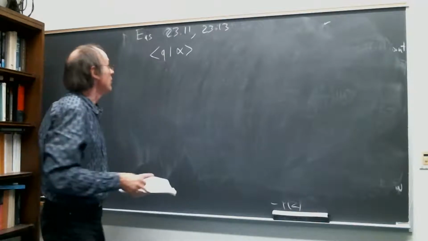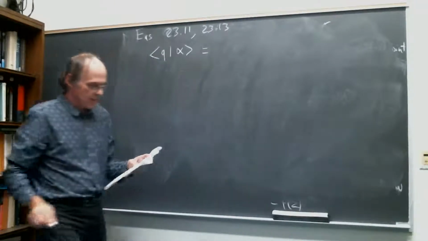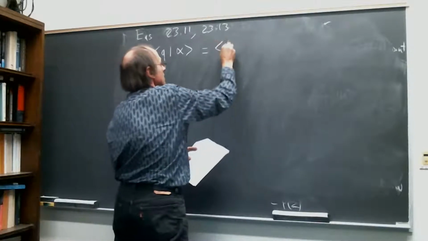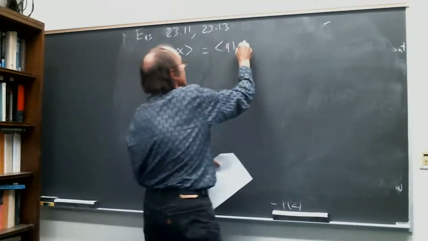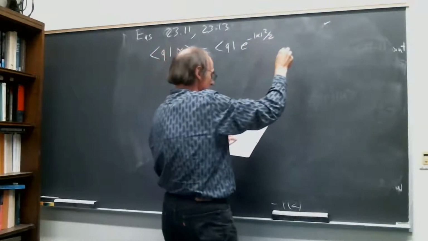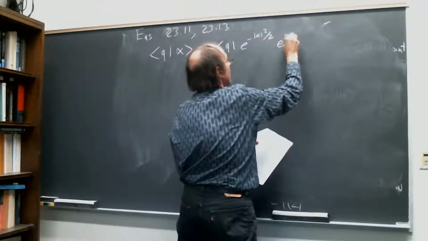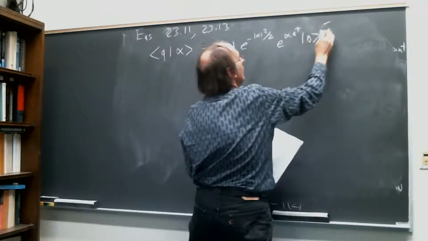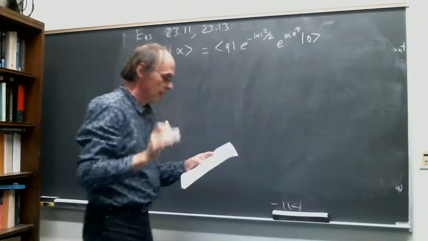Let me just show how this starts off. It starts off with e to the alpha a dagger.